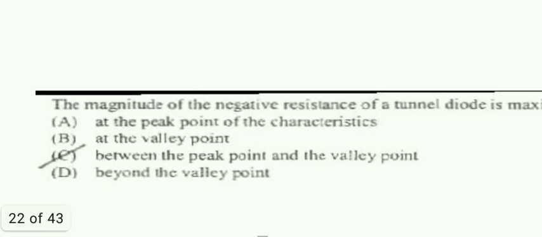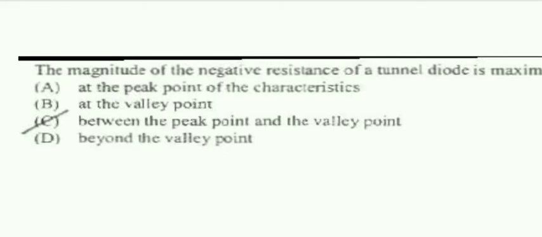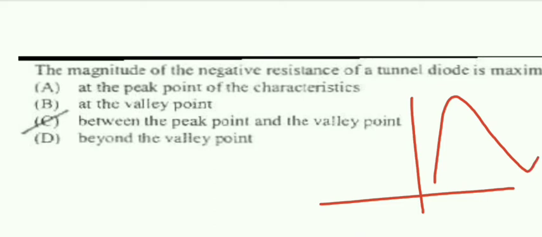Next one, the magnitude of the negative resistance of a tunnel diode is maximum. We know the VI characteristics of a tunnel diode, it will go like this and it will come like this. This is V, this is I, and this is the negative resistance area.